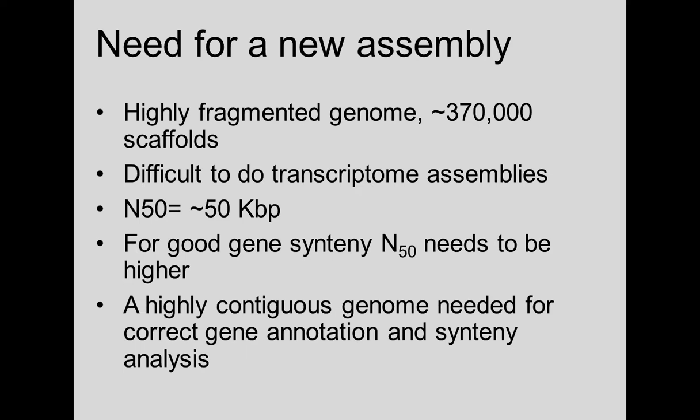It also complicates ortholog identification because the genomes are quite fragmented and our gene models are incomplete. For good gene synteny analysis, the N50 needs to be higher, approximately 1 MB or higher. So a highly contiguous genome was needed for correct gene annotation and synteny analysis.